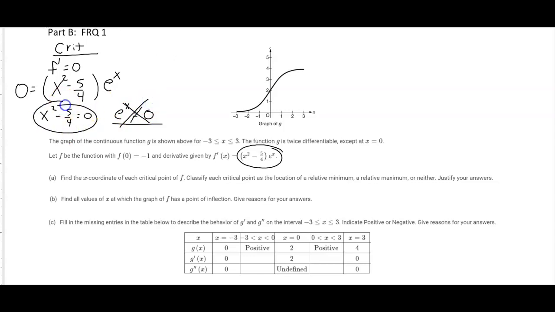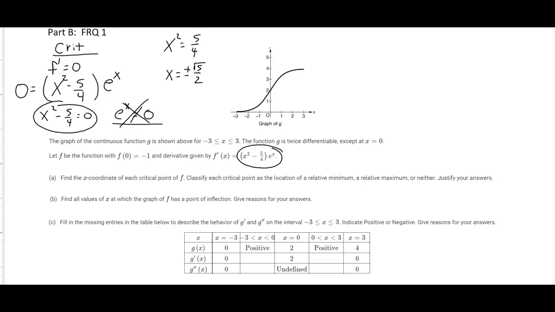But this one can. If we add 5/4 to the other side, and then take the square root, we get plus and minus square root of 5 over 2. Square root of 5 is just square root of 5, square root of 4 is 2, and we don't want to forget that you get pluses and minuses when you take square roots. So there's my critical values.